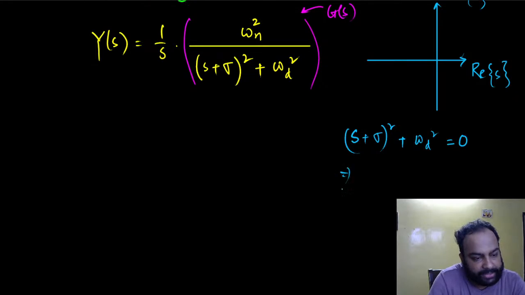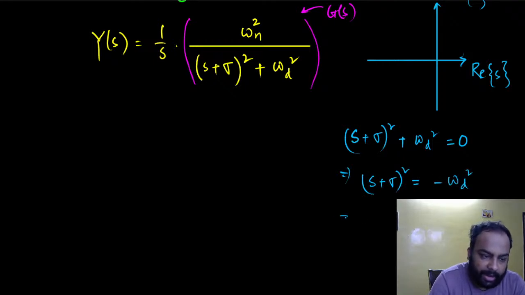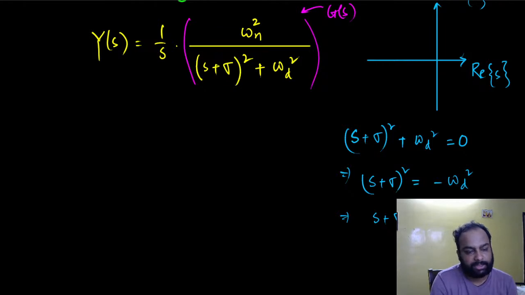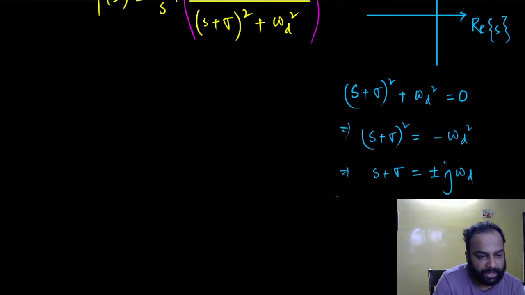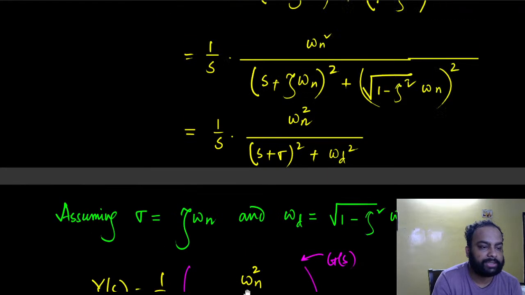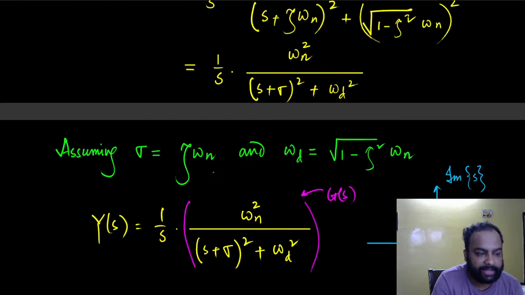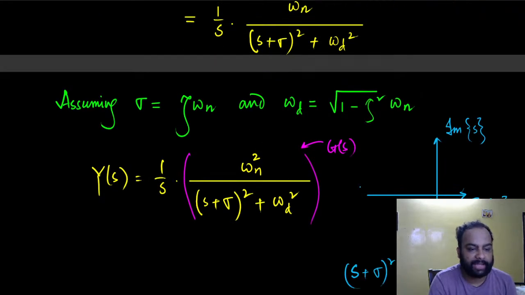So (s plus sigma) whole squared is equal to minus omega_d squared. Taking the square root on both sides, it becomes s plus sigma equal to plus or minus j omega_d. So s becomes minus sigma plus or minus j omega_d. Sigma and omega_d have been defined already; sigma has this value and omega_d has this value.